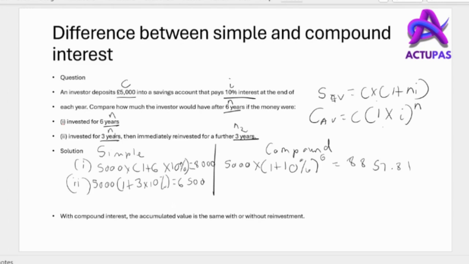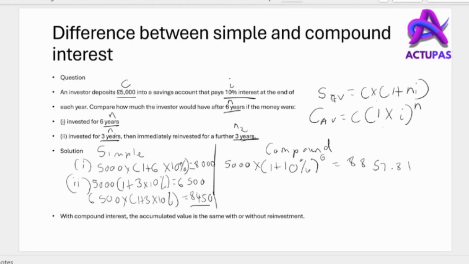Then a further 3 years, the money is now 6,500 times 1 plus 3 times 10%, which is equal to, using a calculator here, 8,450. So this is what we get from simple interest.